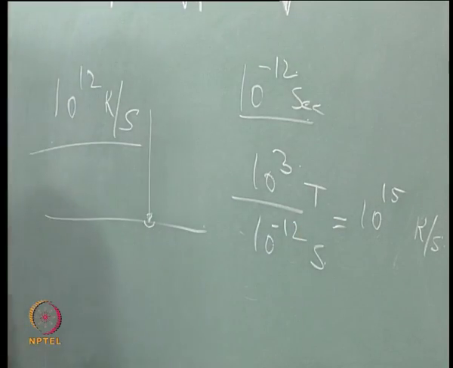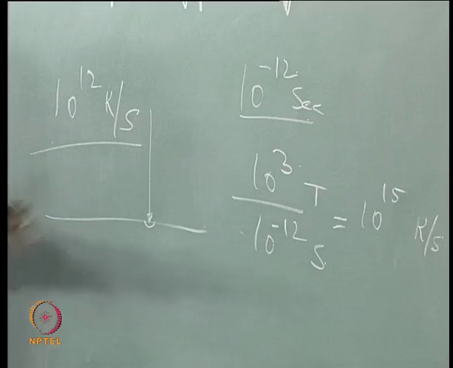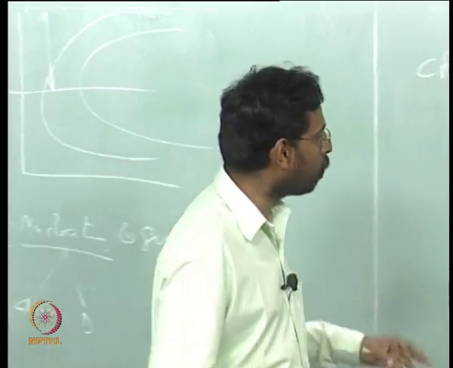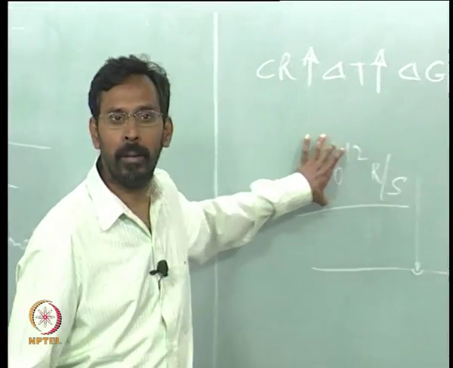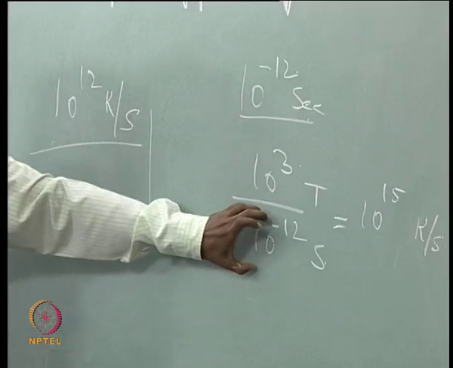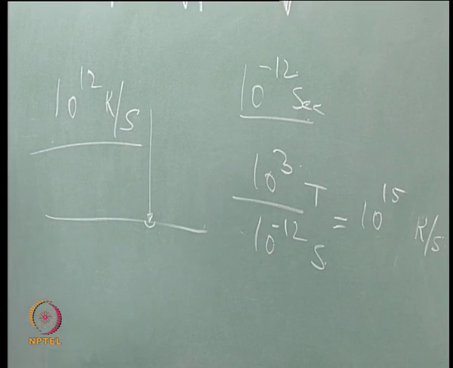Of course, practically it is difficult, that is why I said 10 to the power 12. If you use a picosecond laser, because there will be a small time difference, it has to heat and then cool. So if you consider a small difference, people have been able to achieve these cooling rates. This much temperature difference in this much time, temperature divided by time, is the cooling rate.